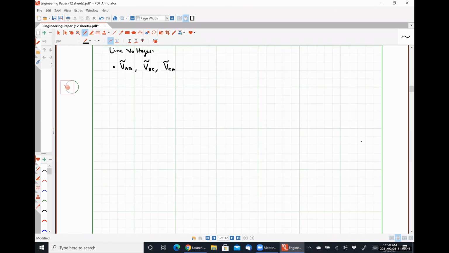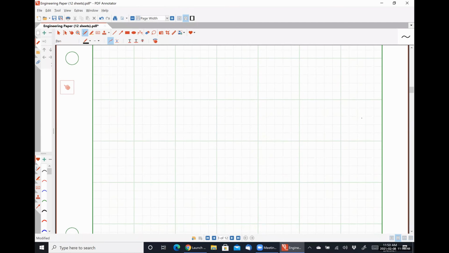All right, the last thing that we are going to have to concern ourselves with is a delta connected load. So let's throw something here.